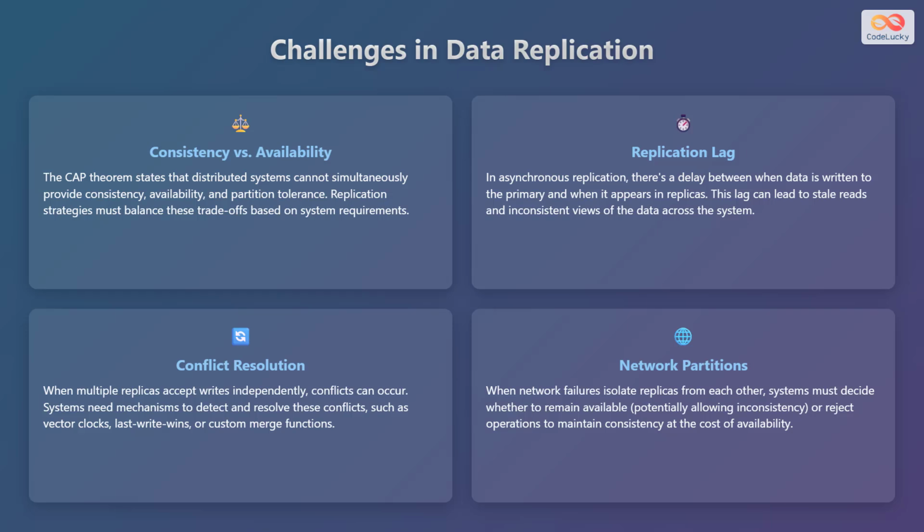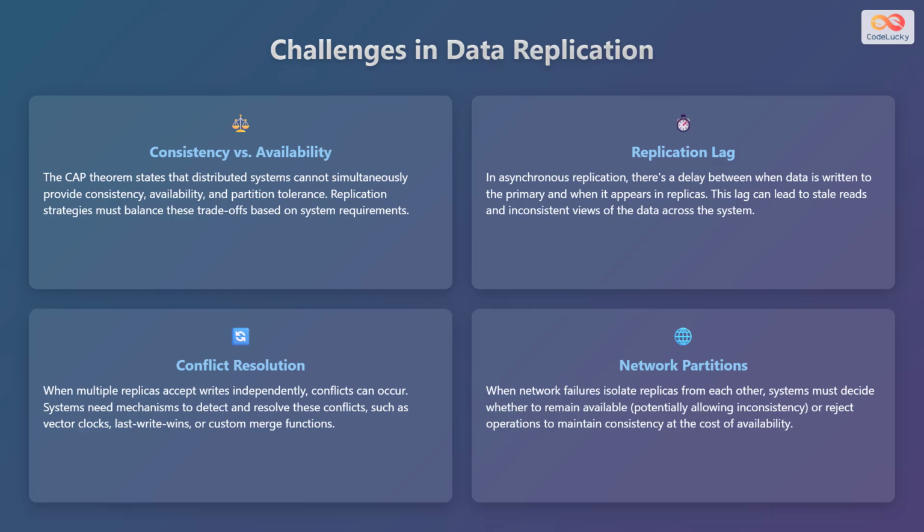Data replication poses several challenges. The CAP theorem highlights the trade-off between consistency, availability, and partition tolerance in distributed systems, requiring replication strategies to balance these factors. Replication lag, especially in asynchronous setups, can lead to stale reads and inconsistent views of data.